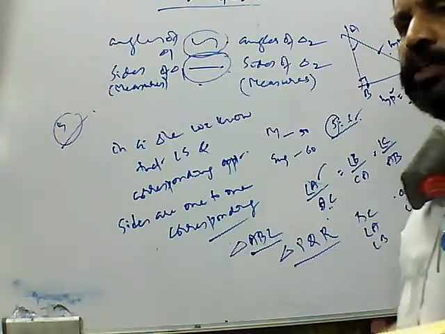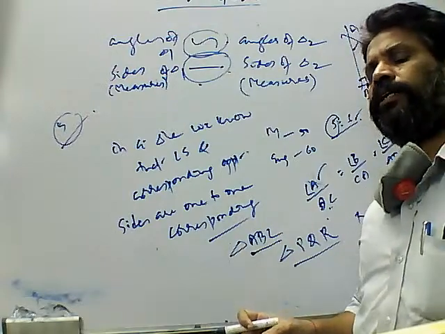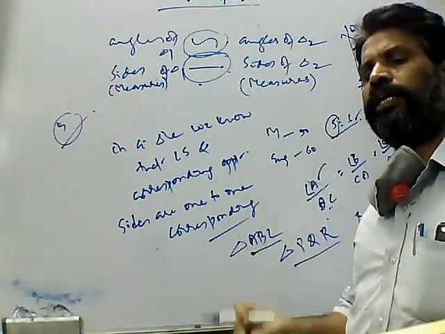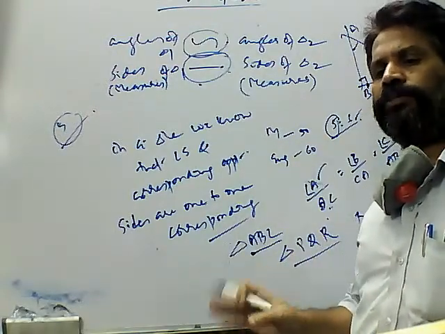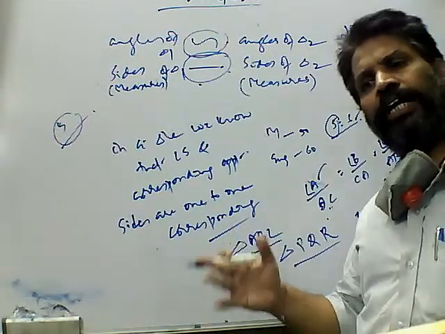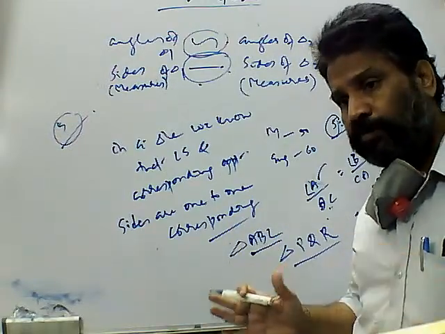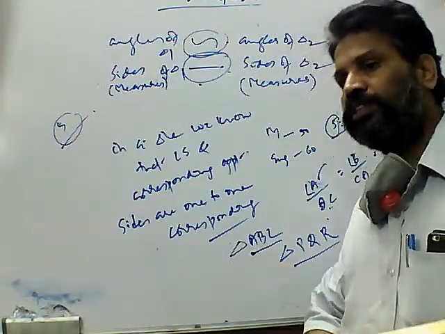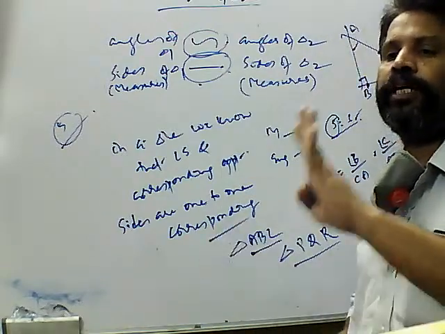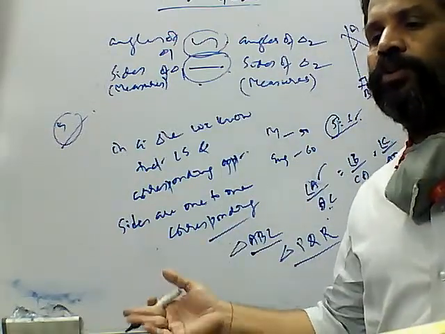So 6 types of triangles are there with respect to 6 parts of the triangle. 3 are classified with respect to angles and 3 are classified with respect to sides.